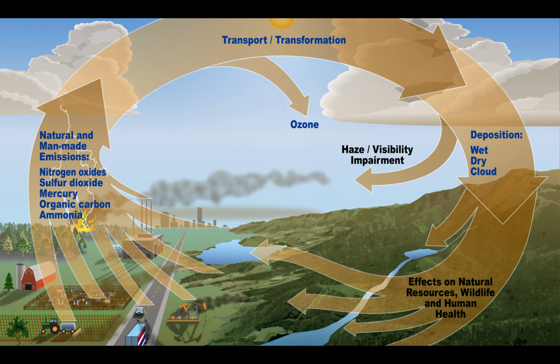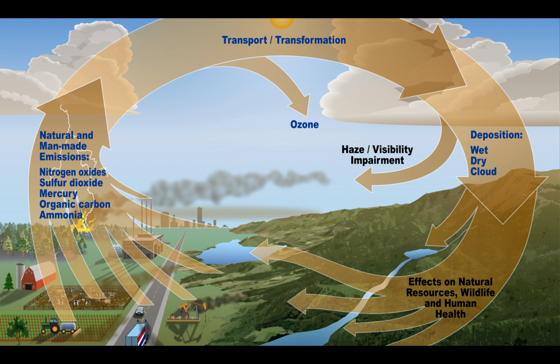And this right here in this picture is the air pollution mechanism. So the first one, you'll see nitrogen oxides, sulfur dioxide, mercury, organic compounds, and ammonia going up into our atmosphere, and then it will be transported into our ozone along with transforming into the clouds, and then creating all kinds of things, and it affects our natural resources and the wildlife, our environment, and our human health.